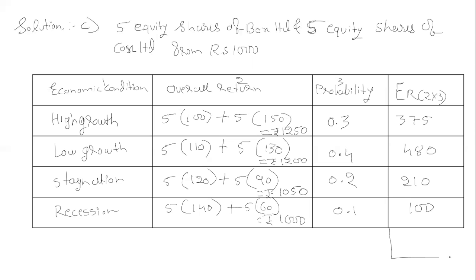So after adding all, we get rupees 1165 if you are investing 50-50 in both the stocks. So 5 equity shares of Box and 5 equity shares of Cox Limited.